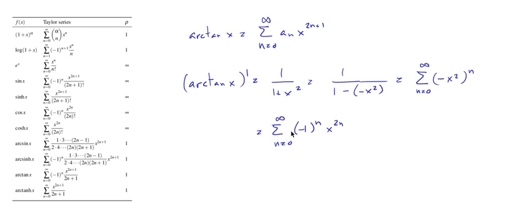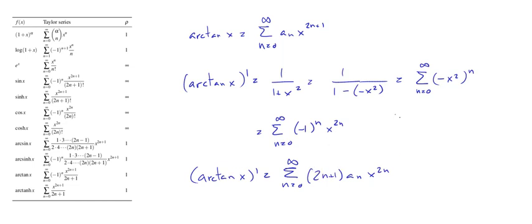Now, we know that this is the same as the derivative of this expression, which is 2n plus 1 times a sub n times x to the 2n, right? These two things are going to be the same, right?